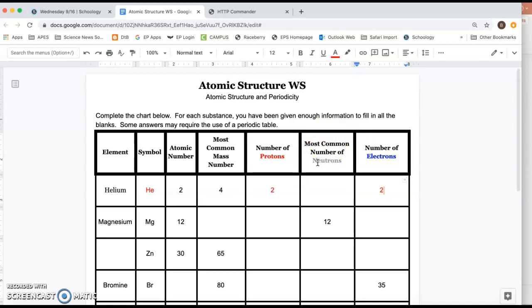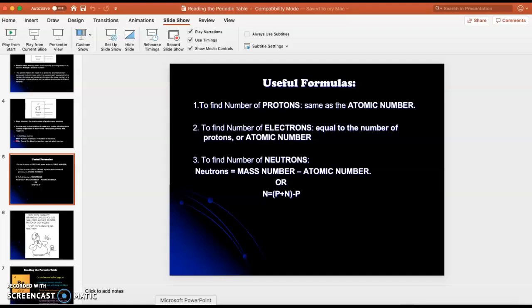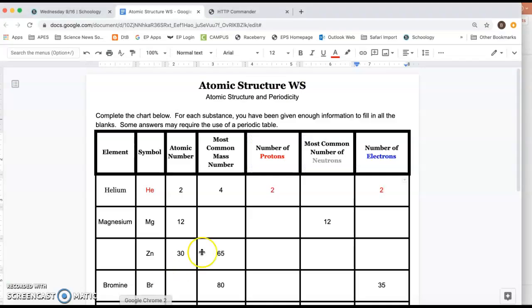Okay, number of neutrons. When I think back to the math rule, I go like this. Mass number minus atomic number. So I see to get the mass number for helium, it is 4, because you can take the information on the periodic table, round it to the nearest whole number. Oddly enough, it just turns out to be 4. So you take 4, subtract off 2, and you're going to get 2.